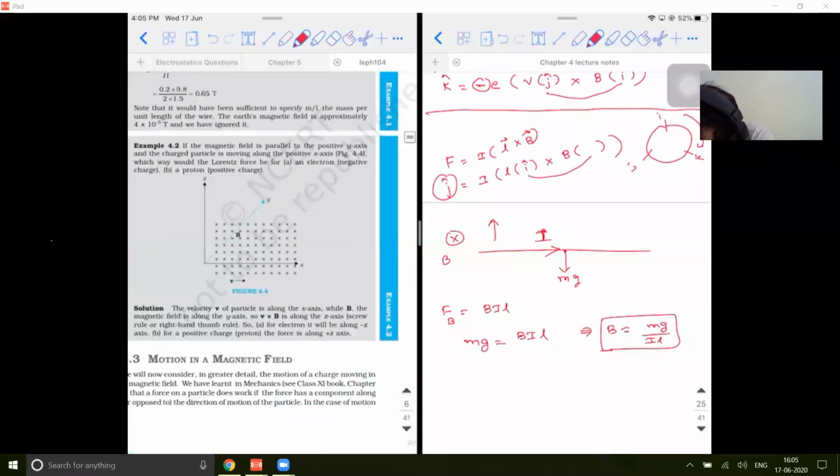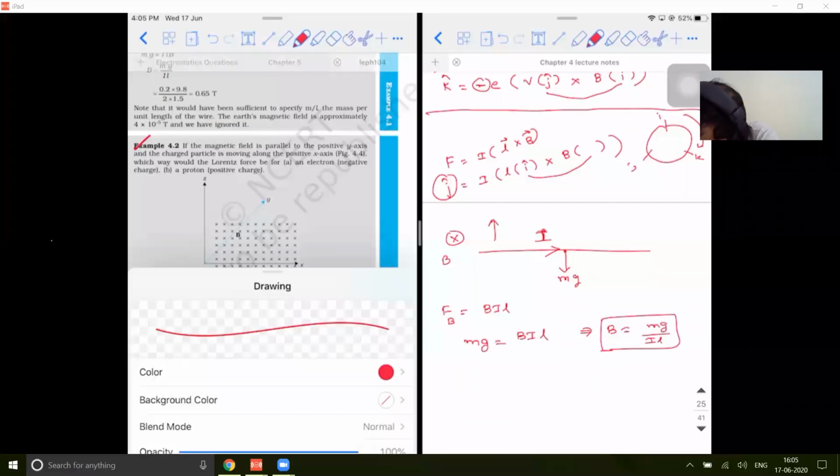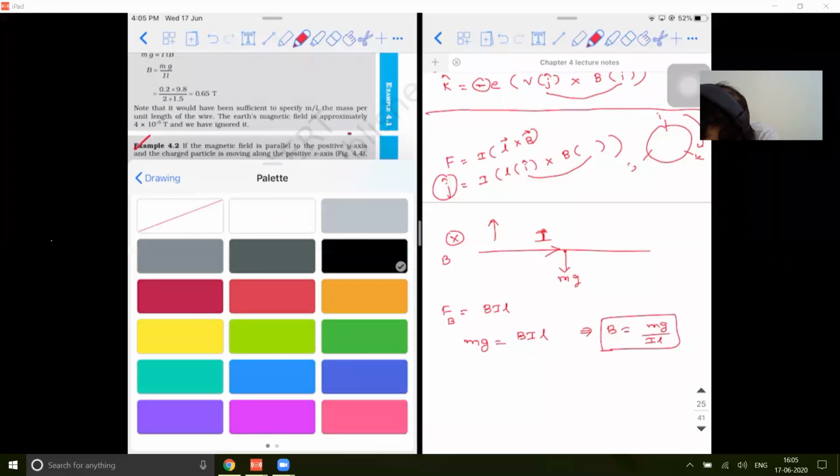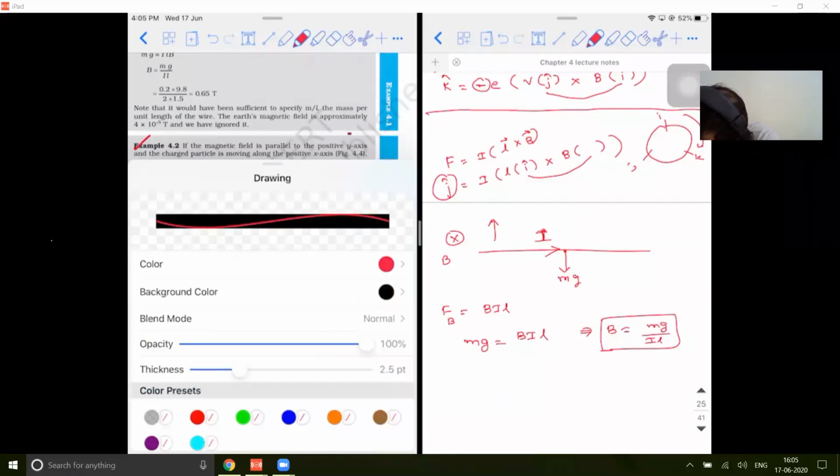Try to do example 4.2. So what does example 4.2 state? One minute.